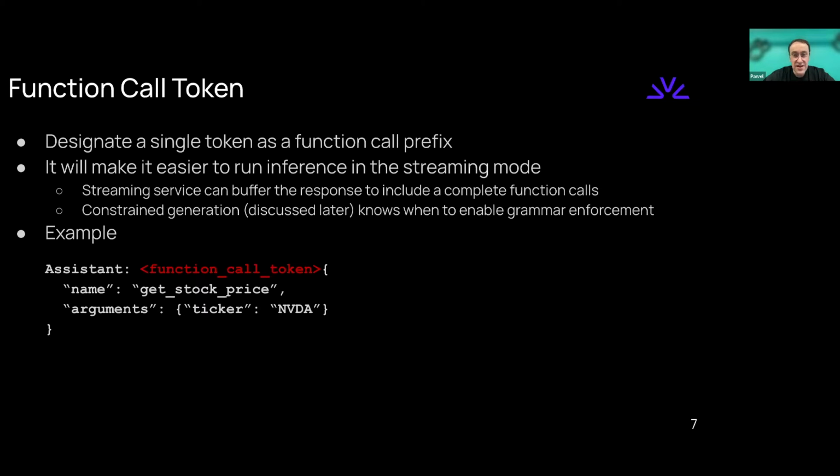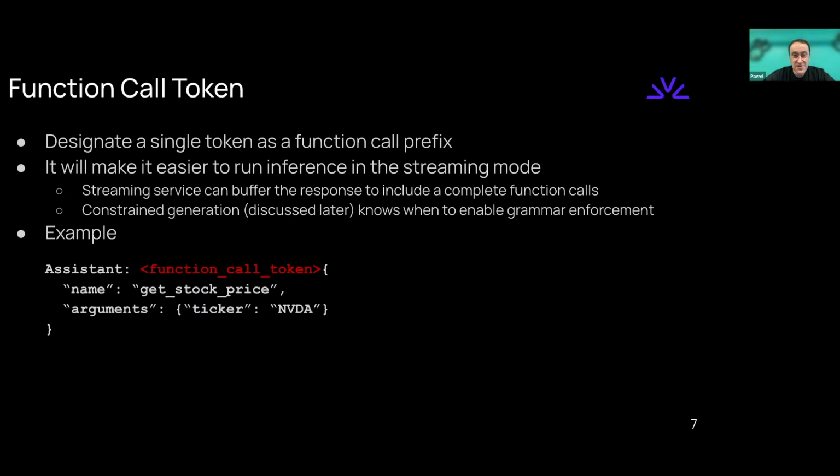However, when it comes to function calling, you probably don't want to stream the response token by token. Instead, when you enter the function call mode, you want to wait for the entire function call signature to be generated before you return it back to the user, as otherwise it's pretty hard to parse partial function calls. So having a single token telling you that now we are switching into the function call mode makes it easier to implement streaming generation.